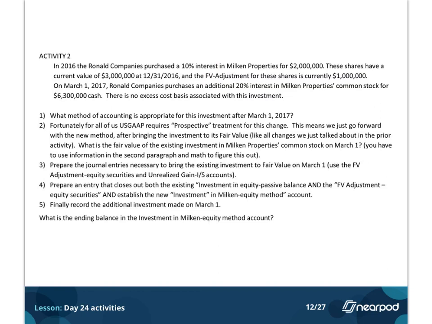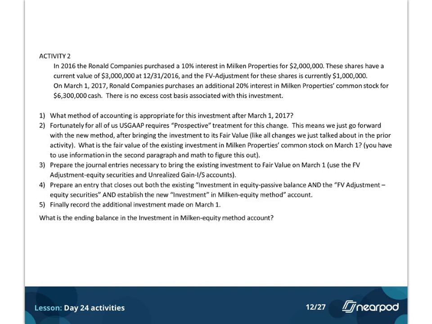And in your textbook, that's called the fair value, okay, reported through income. I think they have some weird phrase for that, but that's the passive investments, where you bring everything to fair value and you take those gains and losses to the income statement. Remember, that's up to 20%.